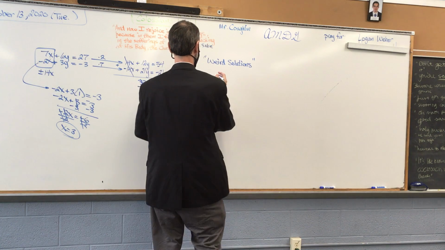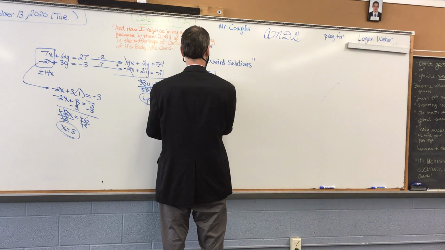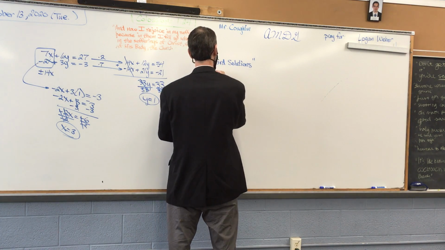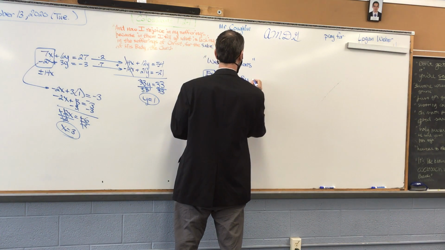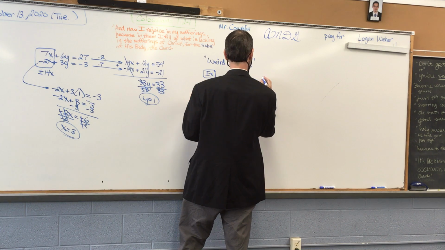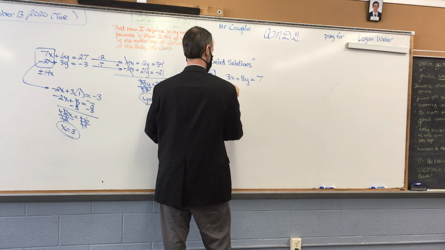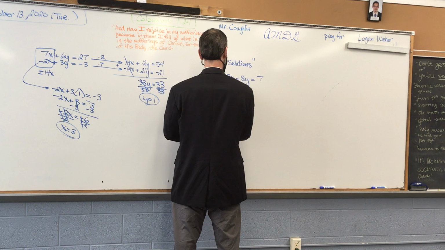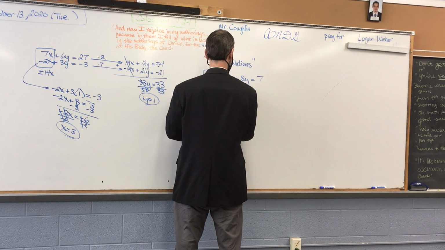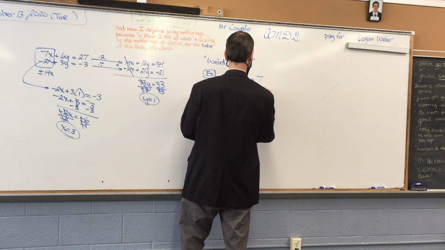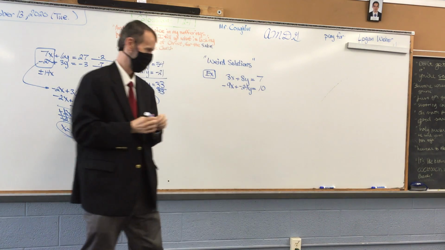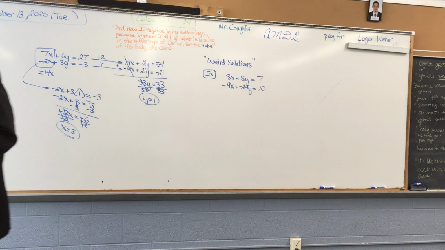For example, suppose I give you 3x plus 8y equals 7 and negative 9x plus negative 24y equals 10. I would like someone to solve that by elimination, please.